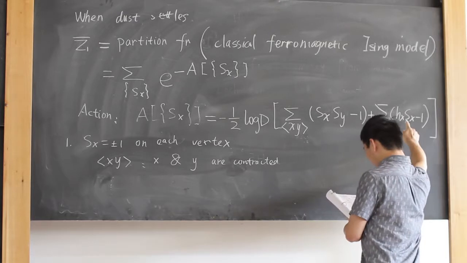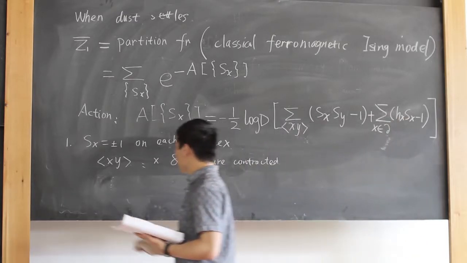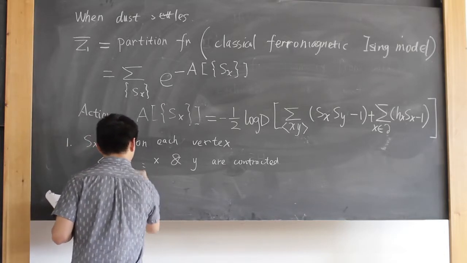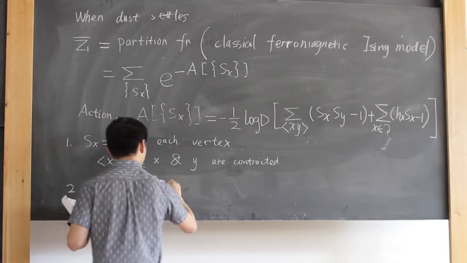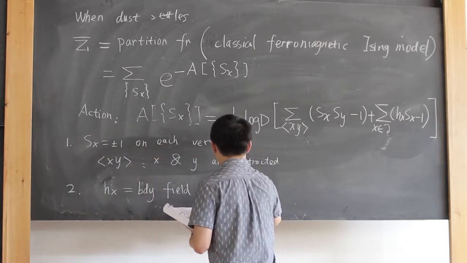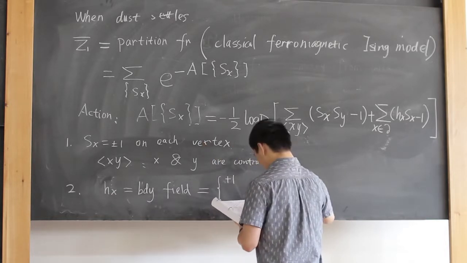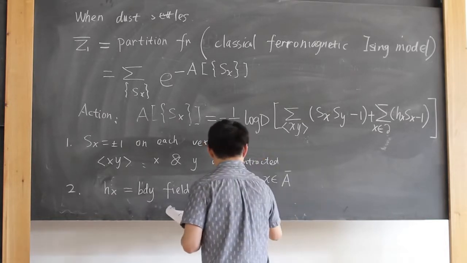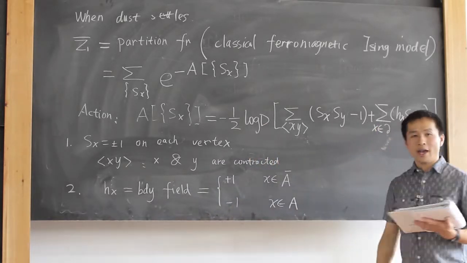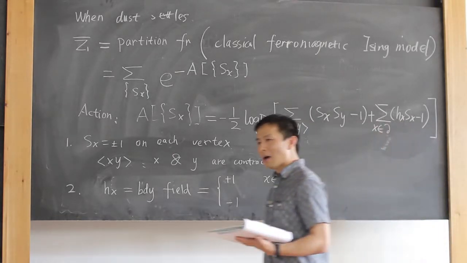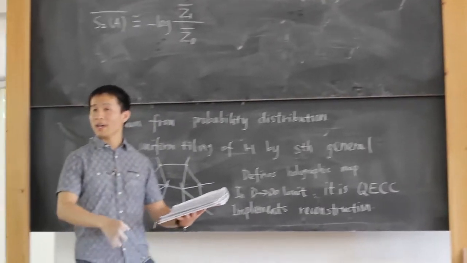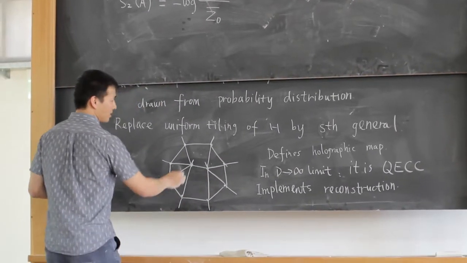And now there's the question of what this hx is. hx is a boundary field that sets the boundary condition. It's a classical field that takes the value of plus 1 if x is in the complement of A, and takes the value of minus 1 when x is in A. So remember, we are separating all the boundary vertices into two groups, A and A complement. So let's do one separation here.